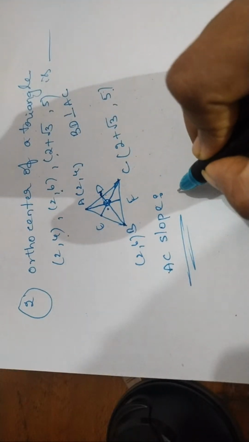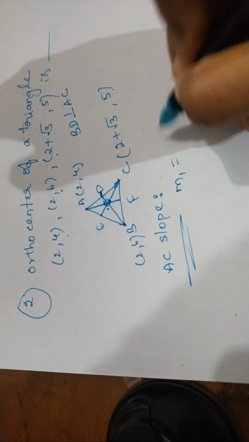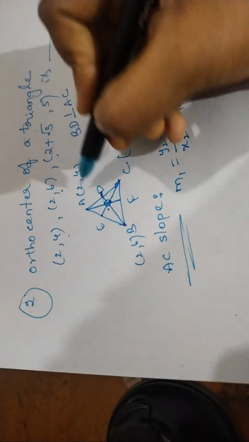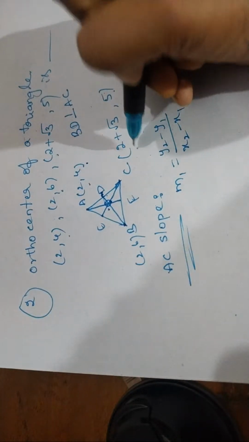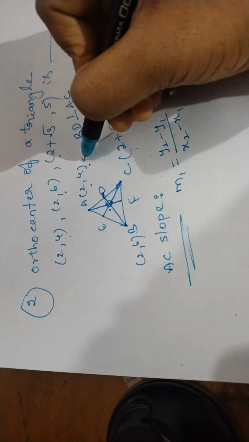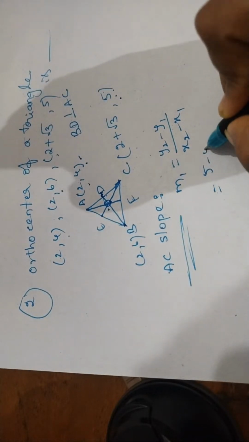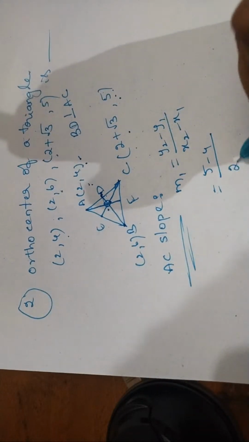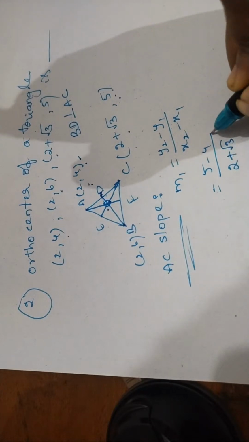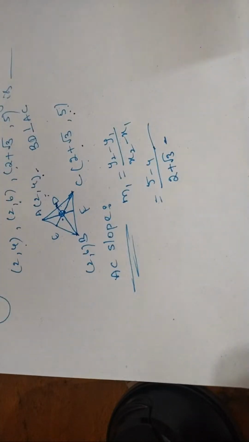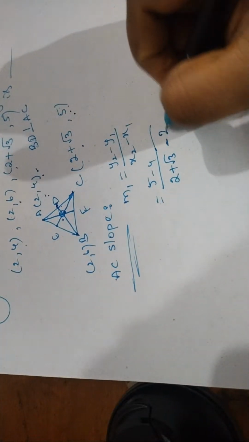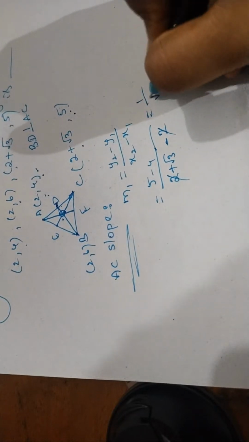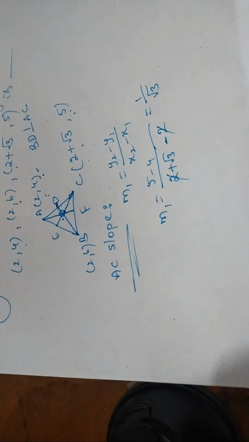The formula I taught already. That slope I will consider as m1, equal to (y2 minus y1) by (x2 minus x1). Now y2 minus y1 is 5 minus 4, divided by x2 minus x1, 2 plus root 3 minus 2. The 2 minus 2 cancel, we get 5 minus 4, 1 by root 3. So we got slope m1.